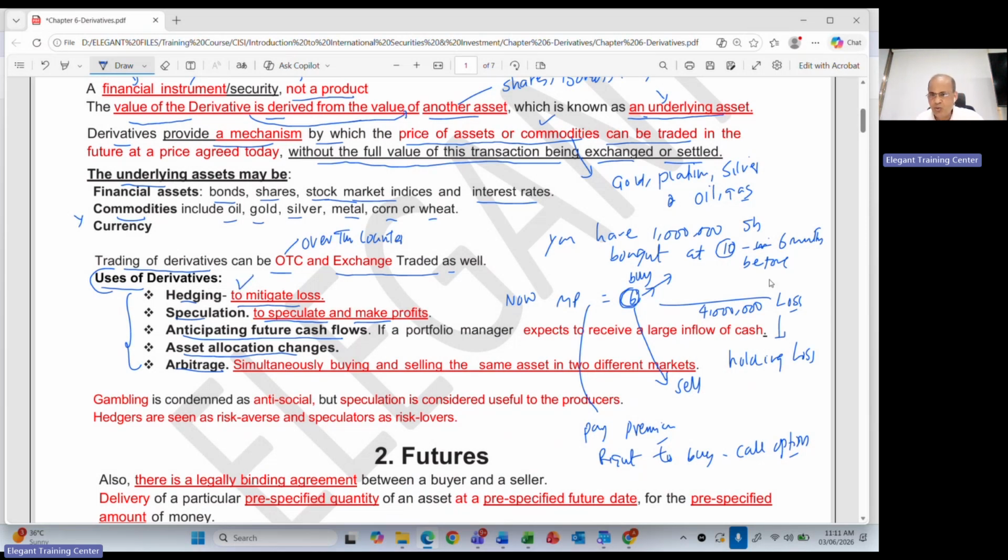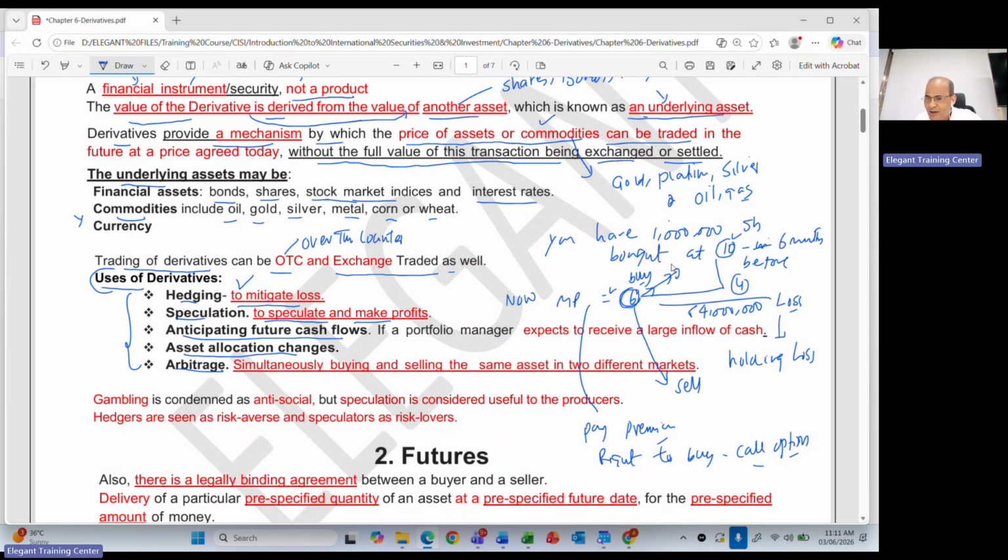If you remember, you bought shares at 10 dirhams. The price is now 6 dirhams. You are losing 4 dirhams per share, and you have 1 million shares, so you are losing 4 million, right? You are buying a call option to why?